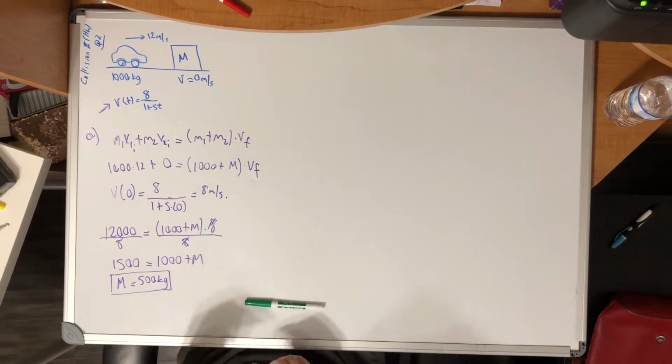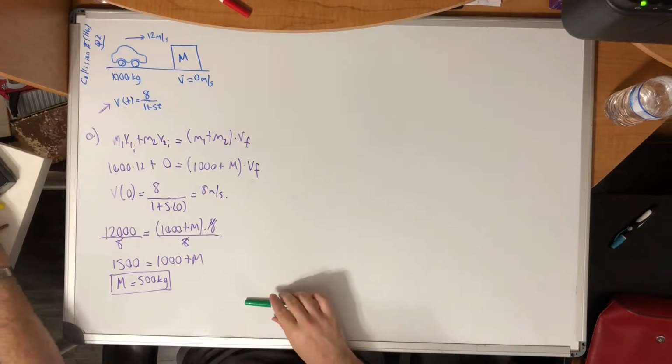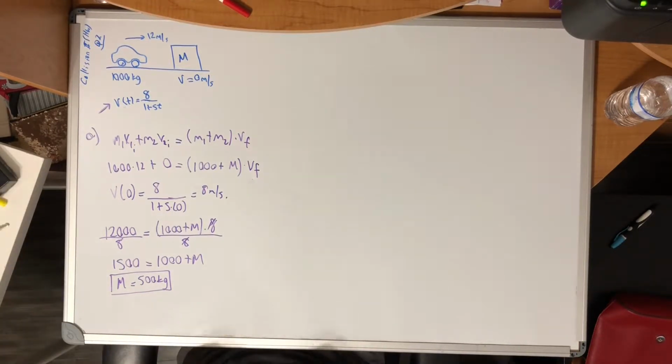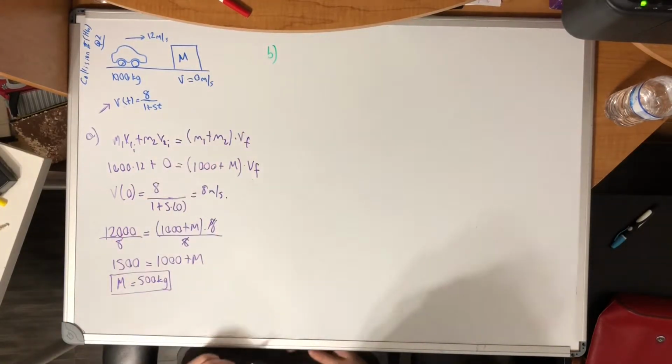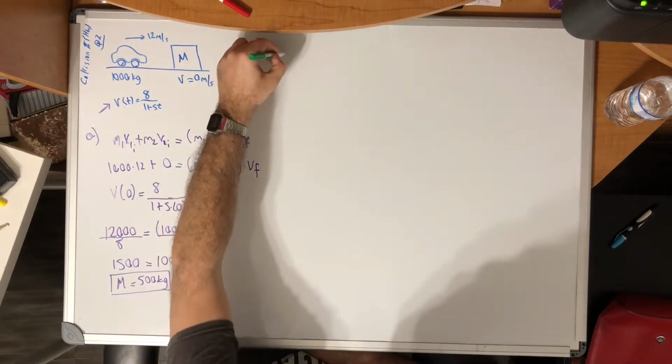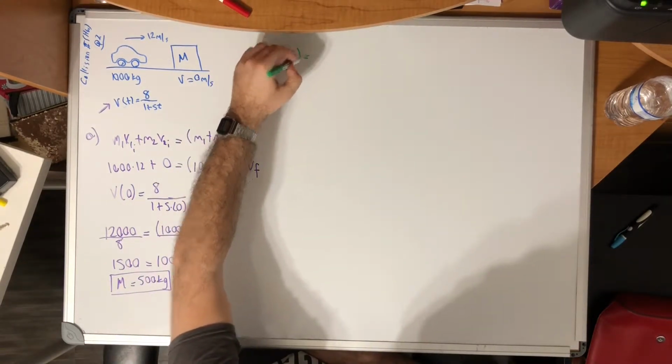And in part B, they are asking for the position of this object with respect to time, so basically x as a function of time.